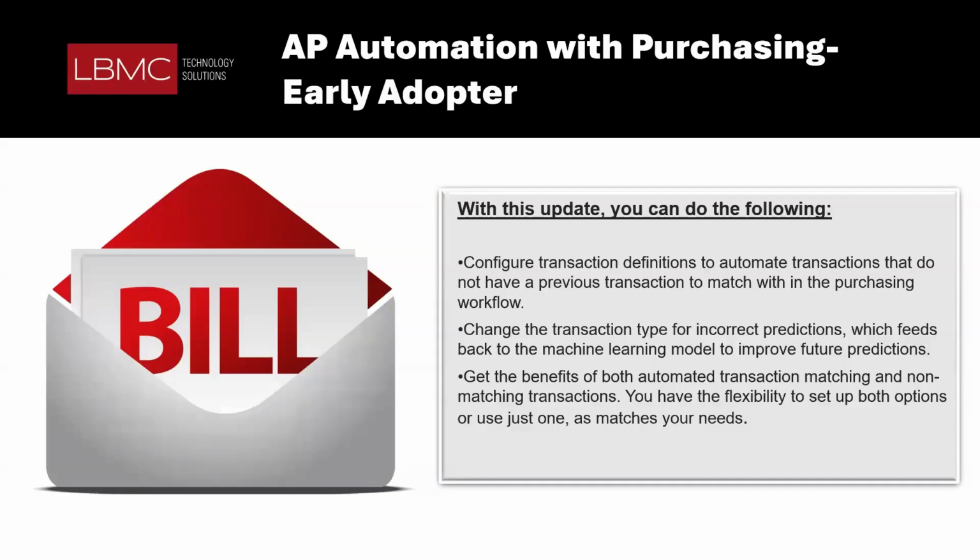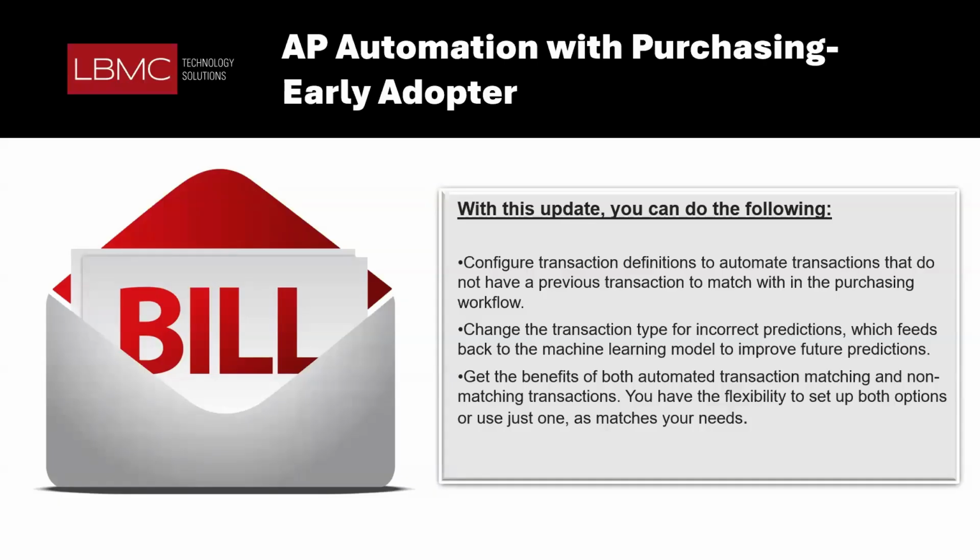When you have automation enabled for both transactions with matching and transactions without matching, AI will first look for your transaction match. If AI cannot predict a match, it will identify the document type and draft your non-matching transactions. With this update, you can configure your transaction definitions to automate your transactions.